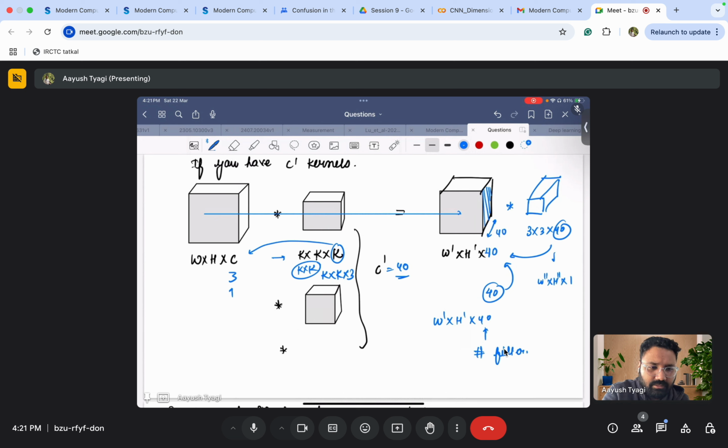And now in layer 2, you will be learning 40 such kernels, maybe more, like maybe 80 such kernels. So eventually the final output is w double dash cross h double dash cross the number of filters you are learning in that stage, maybe 80, 40, whatever.